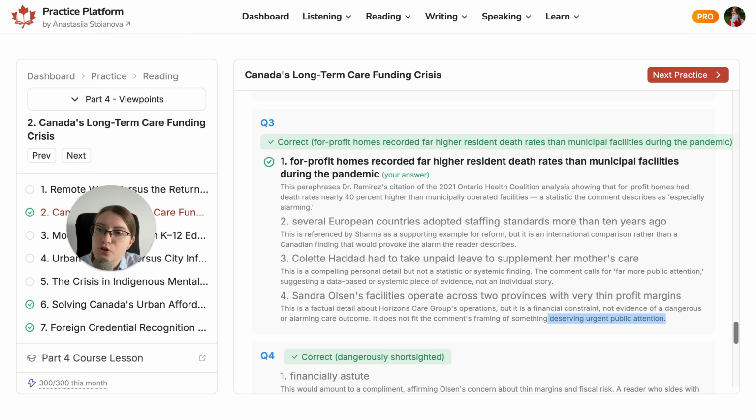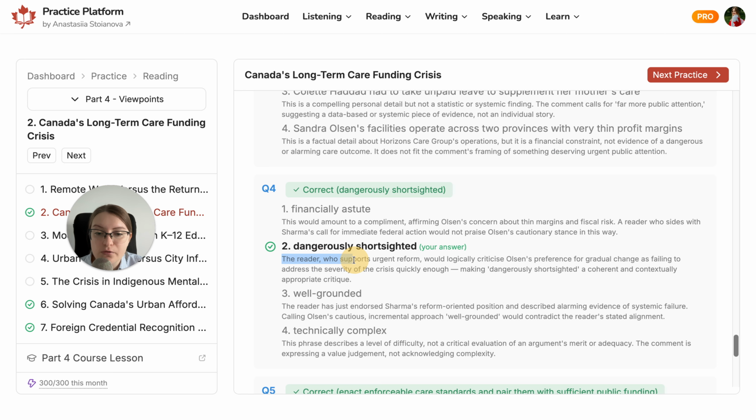And let me also show you, and again, please pause the video if you want to reread, because here we see the reader supports urgent reform, okay? And would logically criticize Olsen's preference for gradual change as failing to address the severity of the crisis quickly enough, making it dangerously short-sighted. And it's appropriate in this context.